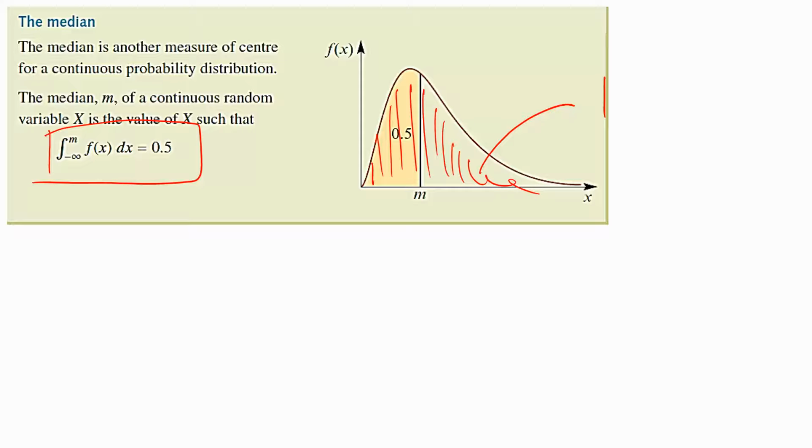Middle means 50th item. 50th item means 50%, 0.5. If 0.5 is your chance of occurring, then it makes sense that probability-wise, this m value, which gives you an area of 50%, is called your median, because it's your 50th percentile.